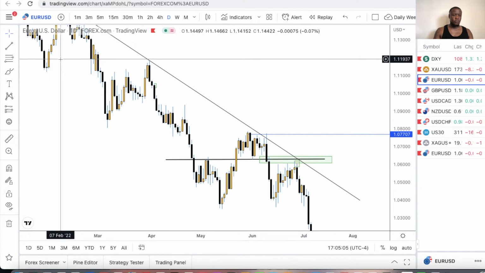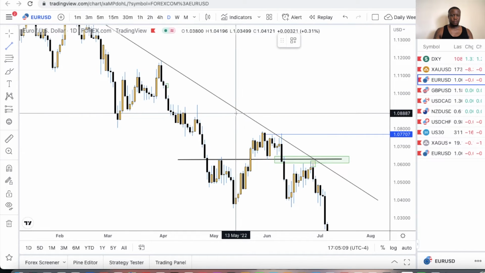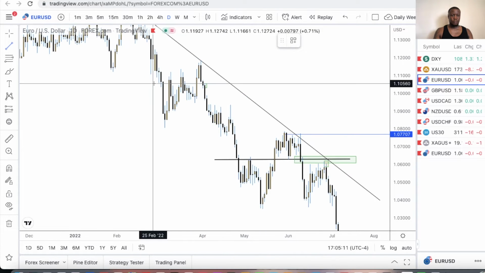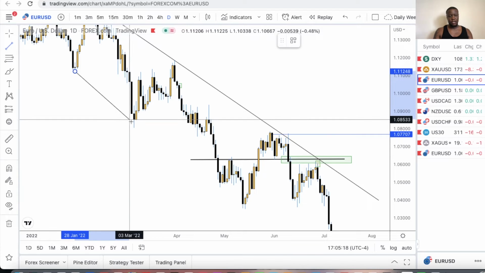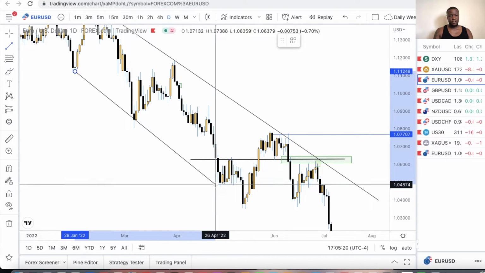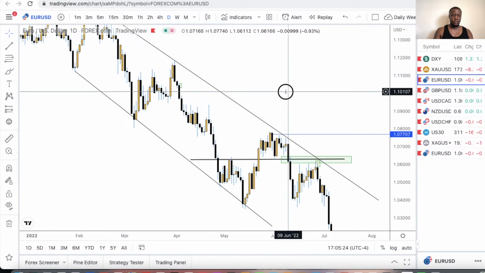Another thing you could do with trend lines is do it on each point on the opposite side, and this will give you a channel.